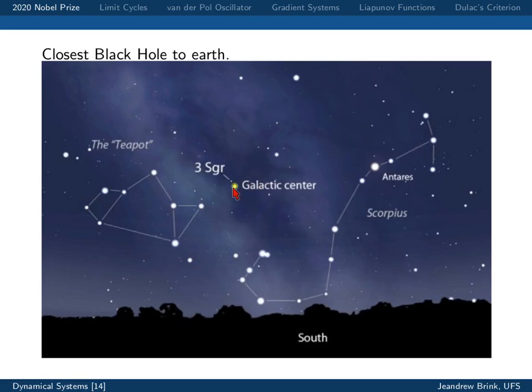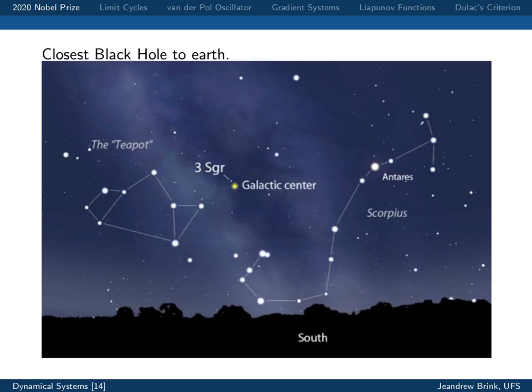In fact, when you look in this direction, you're looking at the center of our Milky Way, the rotational center where our galaxy revolves around. If you think of the Milky Way as this flat pancake, we're sitting out in the spiral arms, and if we look in that region, we're actually looking right into the center. So this is where we expect the black hole to be. One of the motivations for that as well is that everything else rotates around it. It's very, very massive.